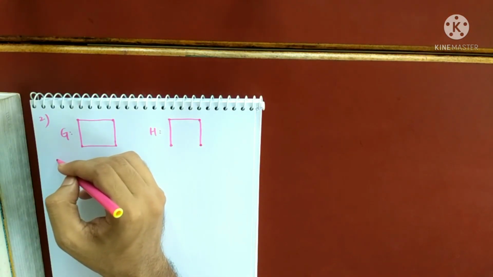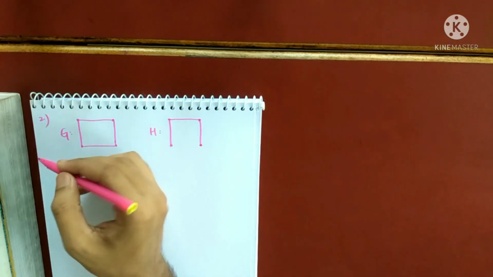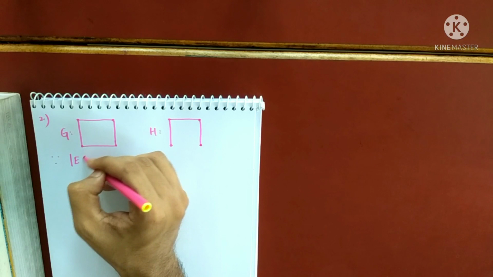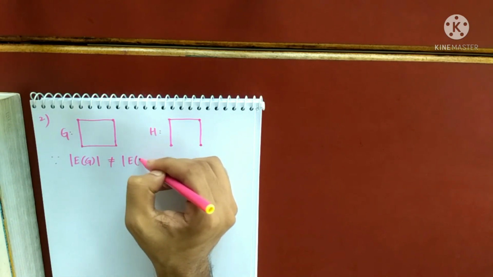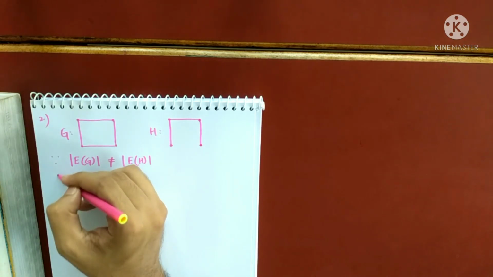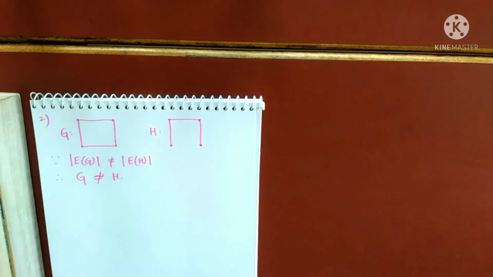Now you count the number of edges. 1, 2, 3, 4. 1, 2, 3. Since the number of edges in the first graph is not equal to the number of edges in the second graph, therefore G cannot be isomorphic to H. So always check like this. Good enough. Let's take another example.